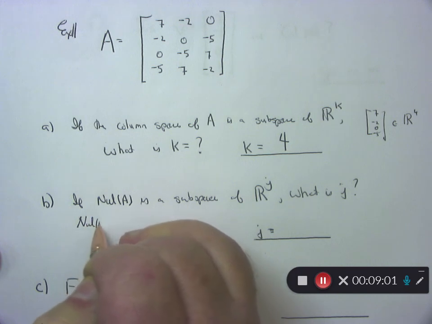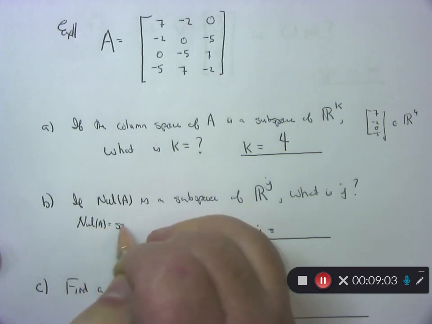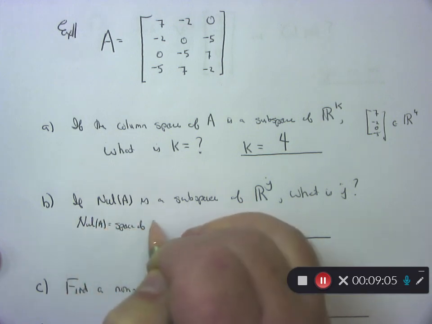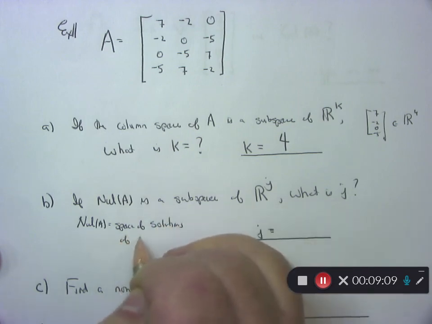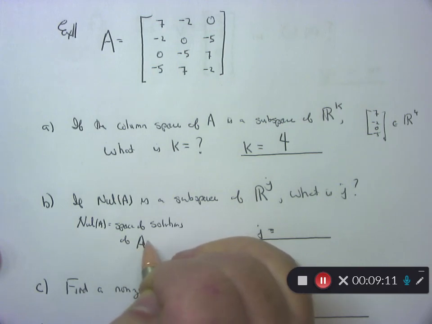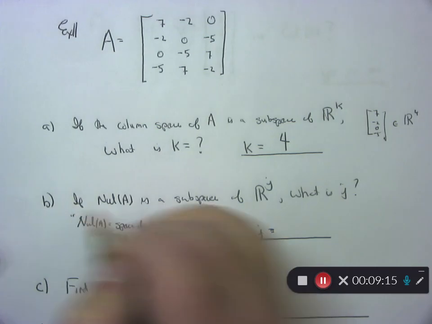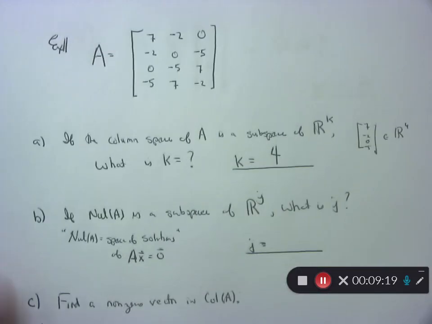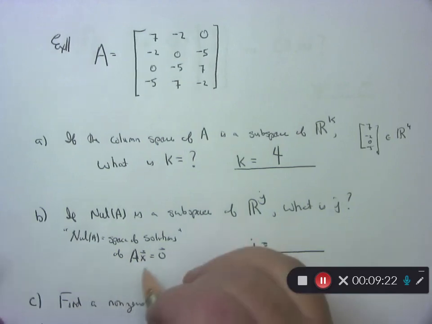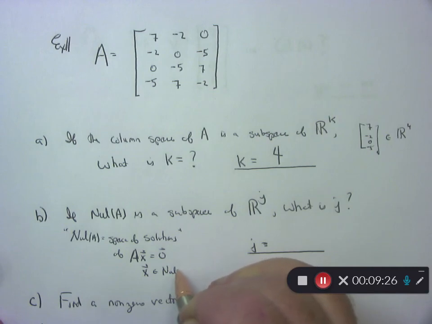Null space of A equals the space of solutions of A x equals the 0 vector. Just to remind you of who's who. So this X is an element of the null space of A.